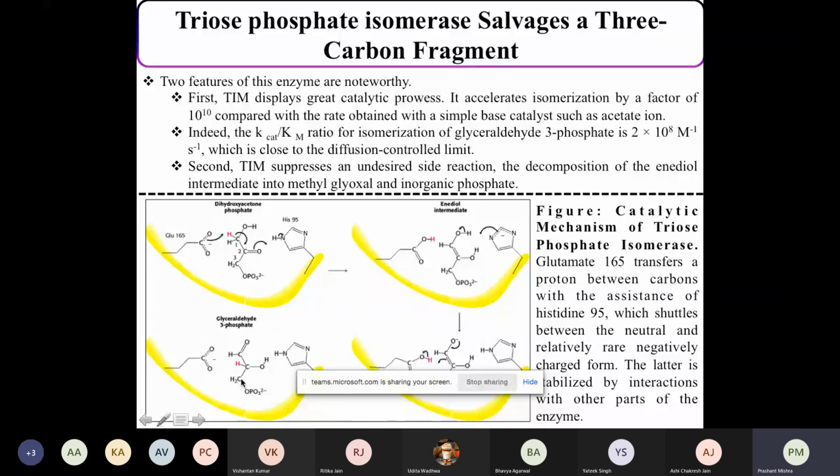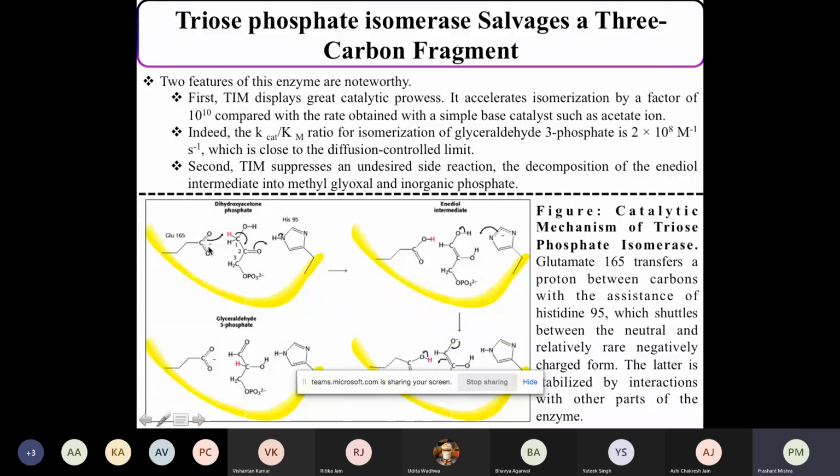Now it has to be converted into glyceraldehyde 3-phosphate. How does it happen? Once this dihydroxyacetone phosphate binds, the reaction starts. Glutamate 165. What does this 165 mean? 165 is the position in the structure of the enzyme where glutamate is present. So 165, 95, it indicates the presence of the amino acid at a particular position in the enzyme.